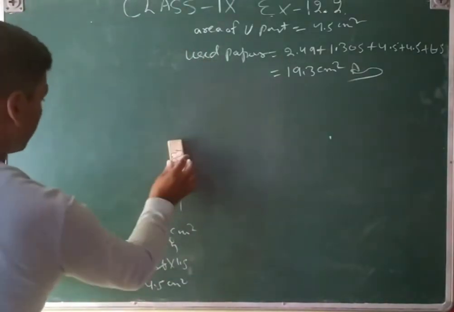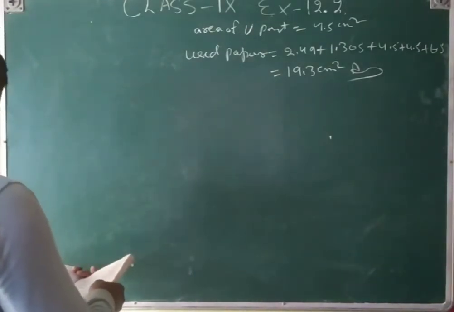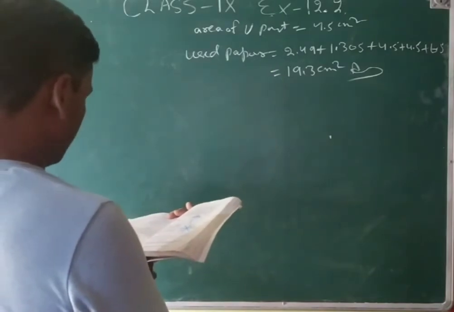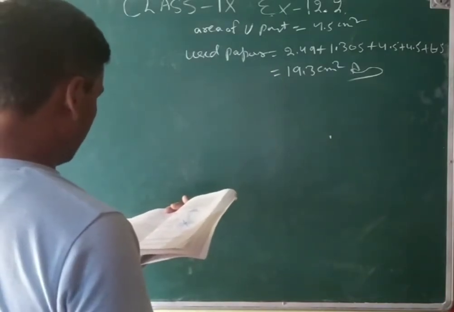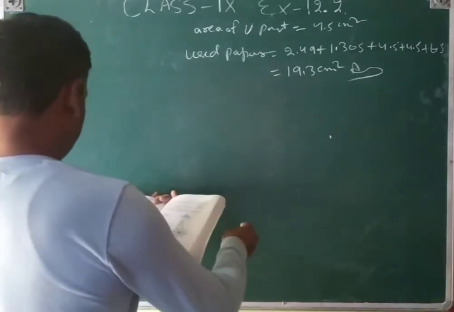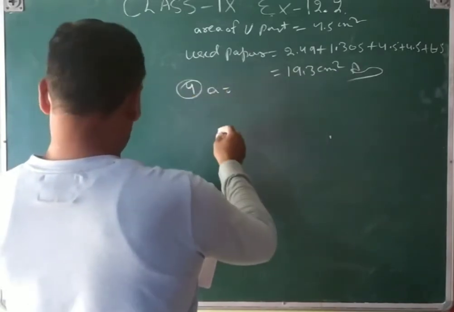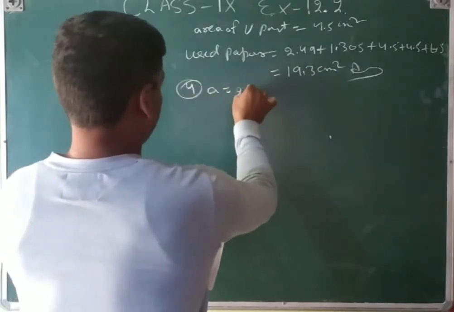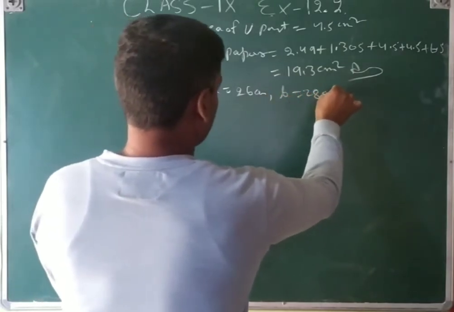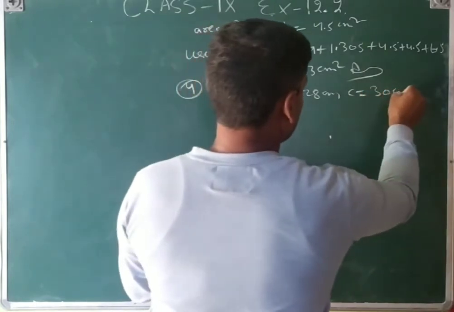And then the next question will be: a triangle and a parallelogram have the same base and the same area. If the sides of the triangle are 26, 28 and 30. So A is equal to 26 centimeter, B is equal to 28 centimeter, C is equal to 30 centimeter.